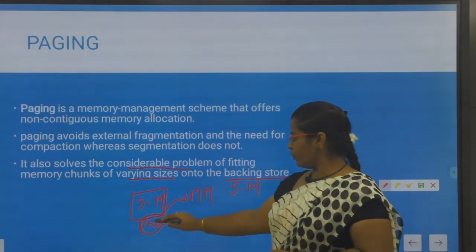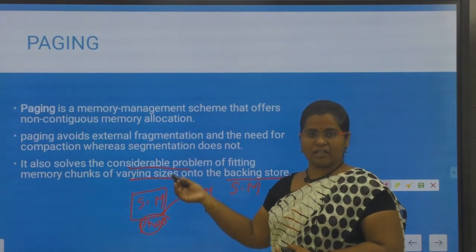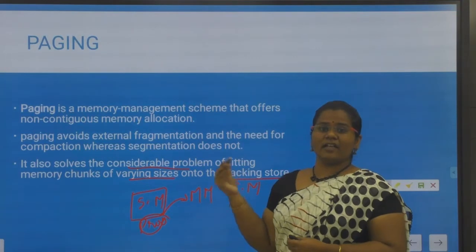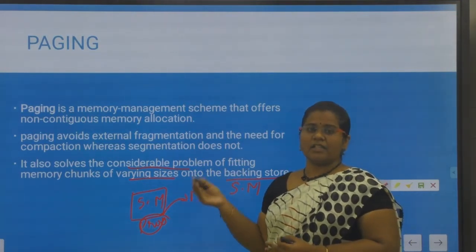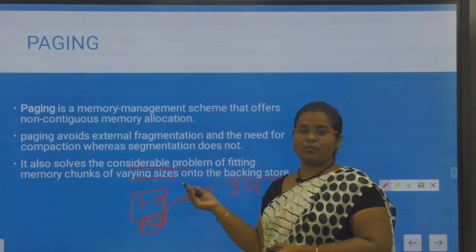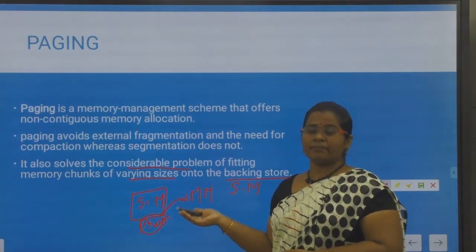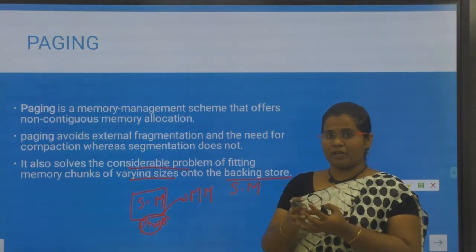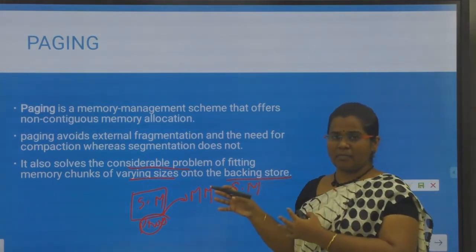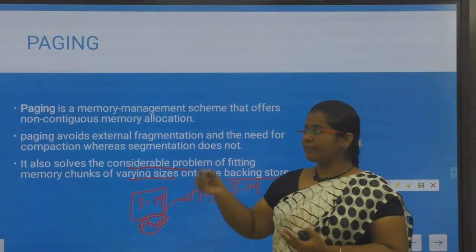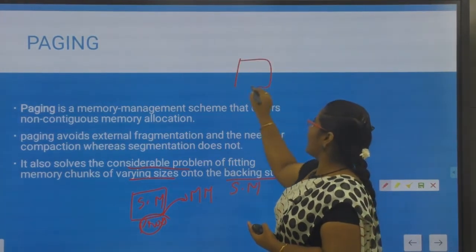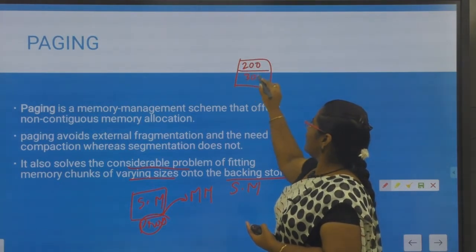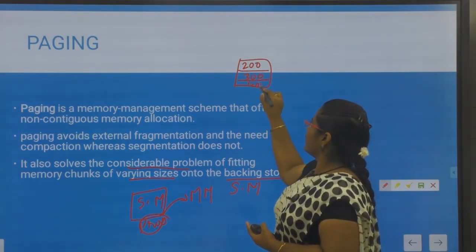If you go with the previous method, segmentation, we have different lengths for each and every segment. Segment 0 may be of 100 bytes, segment 1 may be of 200 bytes. Whenever you remove a segment from your secondary storage and place it in the main memory, say for example in secondary storage you have segments of size 200, then 300, and then 400.